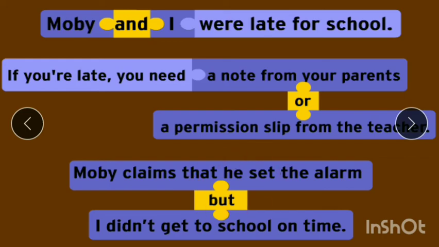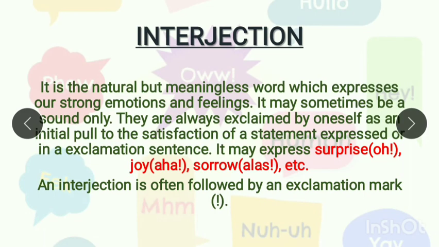And the last one is interjection. It is a natural but meaningless word which expresses our strong emotions and feelings. Spontaneous words that show our strong emotions or feelings are known as interjections. It may sometimes be a sound only. They are always exclaimed by oneself, in an exclamation sentence.